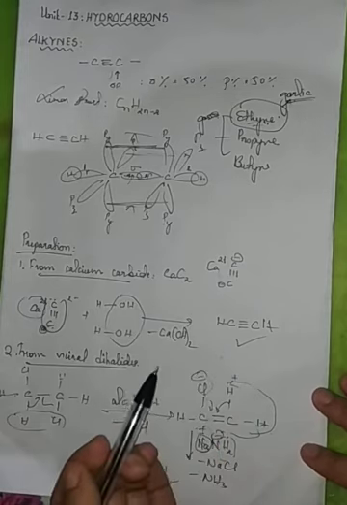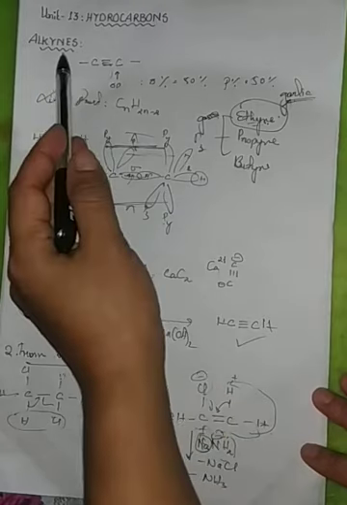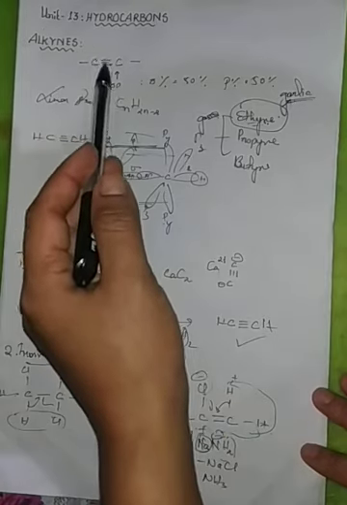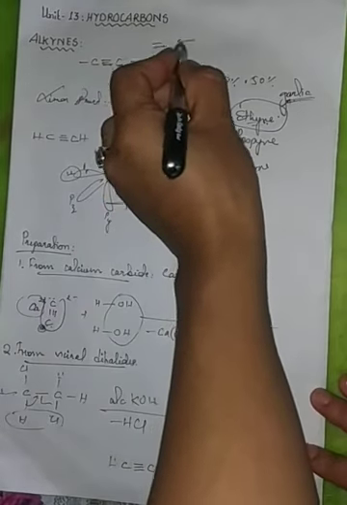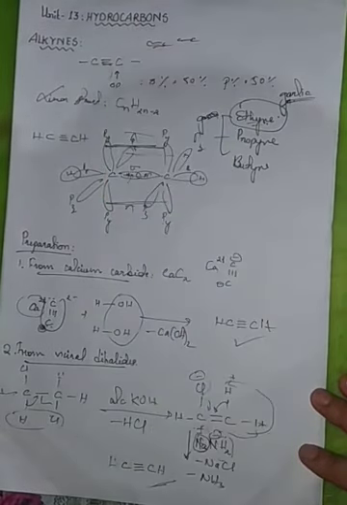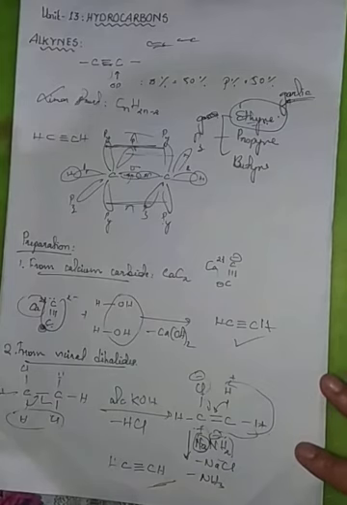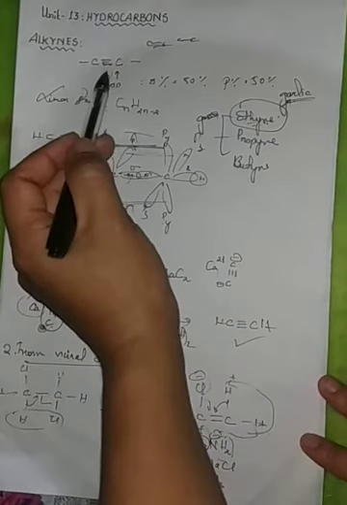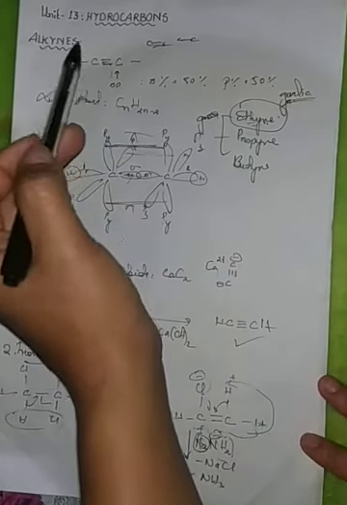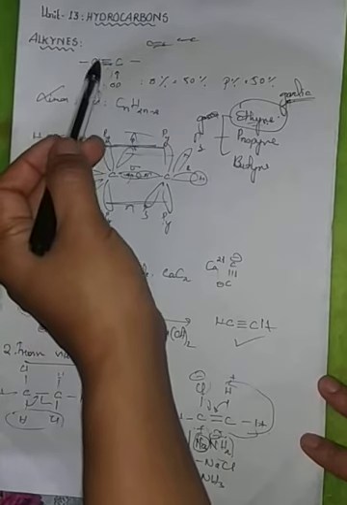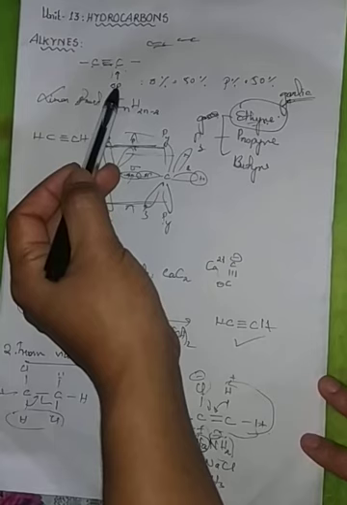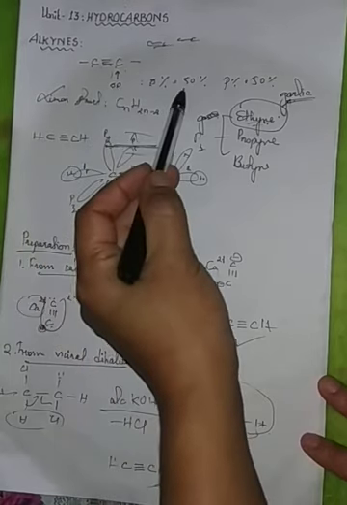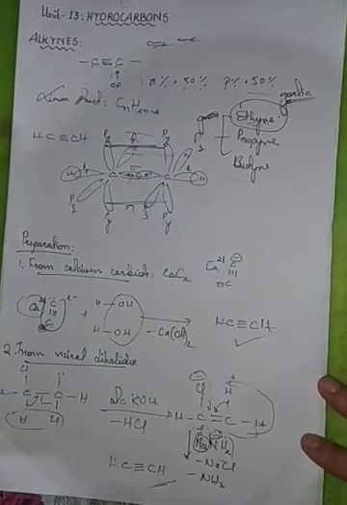Now, the alkynes have higher boiling points than the alkenes, the carbon-to-carbon double bond, or the alkanes, the single bond. Why is it so? As I said in the starting part of this video, in alkynes the carbon is sp hybridized. Therefore, the s character is 50% and the p character is also 50%.